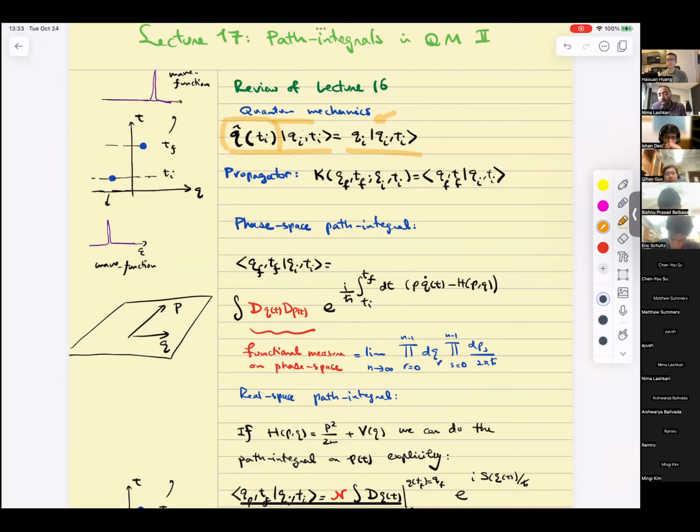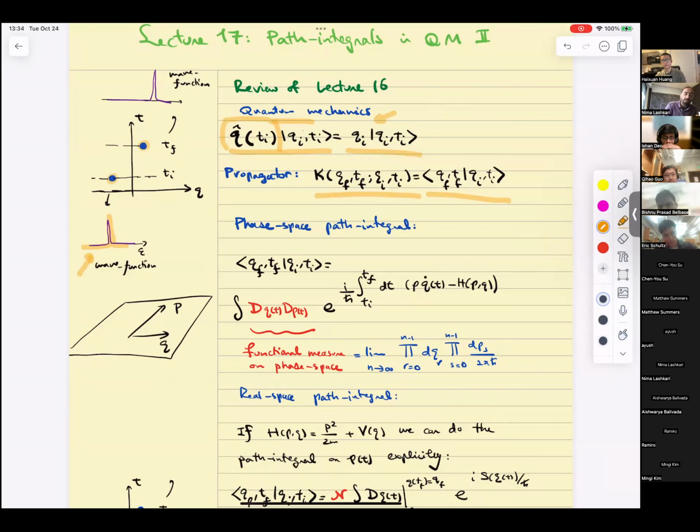This means that at time Ti in this state, the particle is sitting at a single point. The wave function corresponding to it is a Dirac delta. It's non-normalizable, so it's understood as a limit. Then we said that the propagator is the overlap, otherwise known as the amplitude, for a particle initially prepared in an exact eigenstate of the Q operator at location Qi at time Ti to end up at time Tf at location Qf.